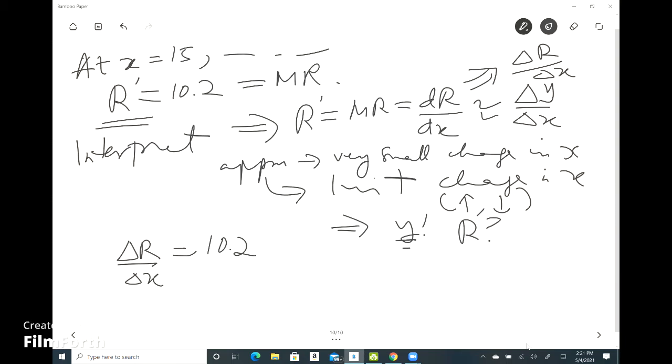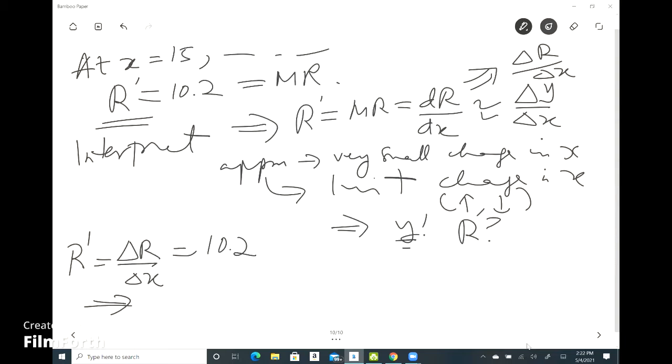Now, how do you interpret this thing here? Anybody still recall that thing? How do you interpret in terms of 1 unit increase in the x? When x increases by 1 unit, the revenue will increase by 10.2.